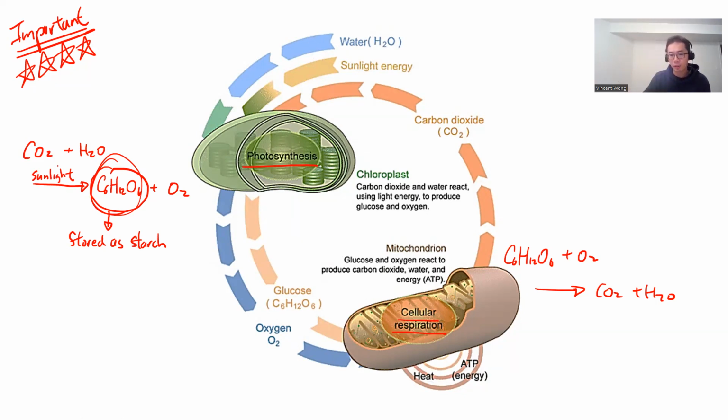They could make their own food, and then they could burn the fuel in their own mitochondria. Whereas humans, we are reliant on the plants. We cannot make our own food. We must consume them. So this shows the relationship between chloroplast and mitochondria. Does anybody have any question about this slide?